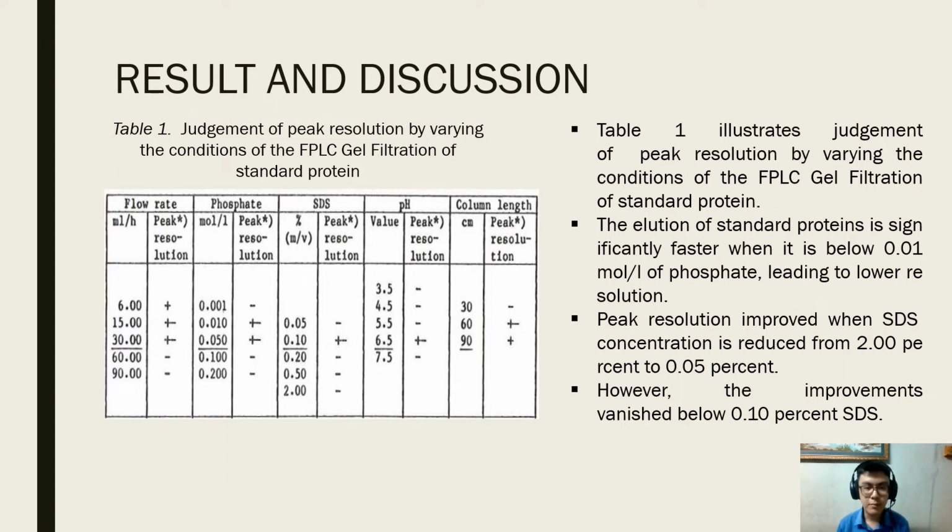As you can see from Table 1, the elution of standard proteins is significantly faster when it is below 0.01 mole per liter of phosphate, leading to lower resolution. Peak resolution improves when SDS concentration is reduced from 2% to 0.05%. However, the improvements vanish below 0.1% of SDS.